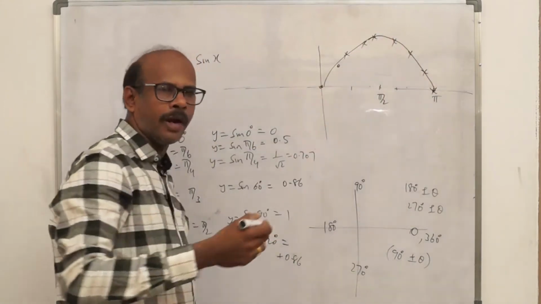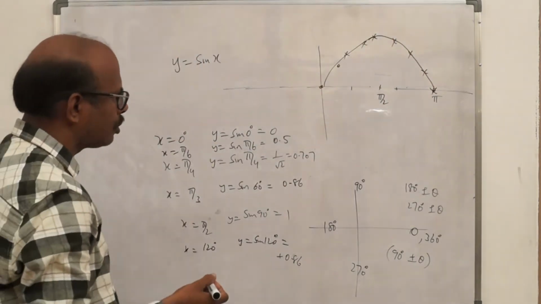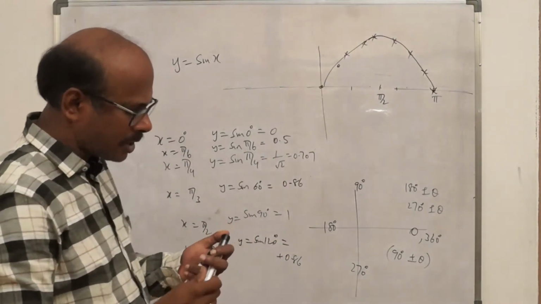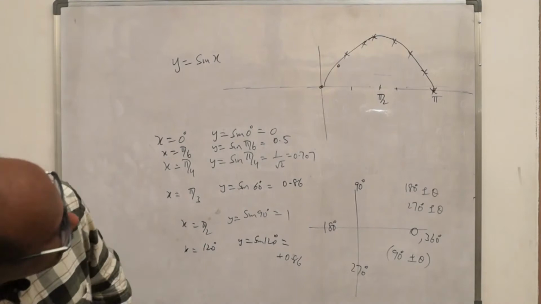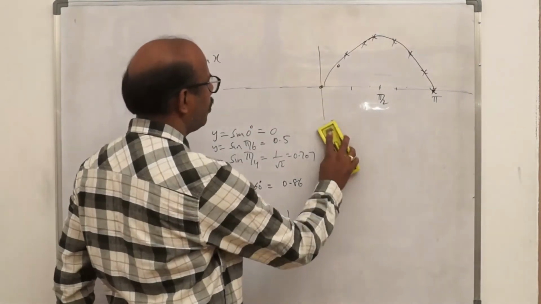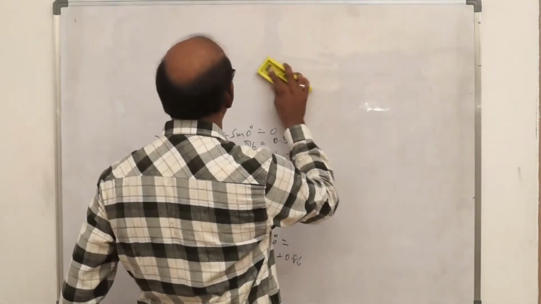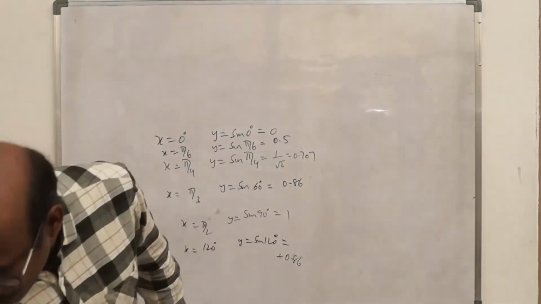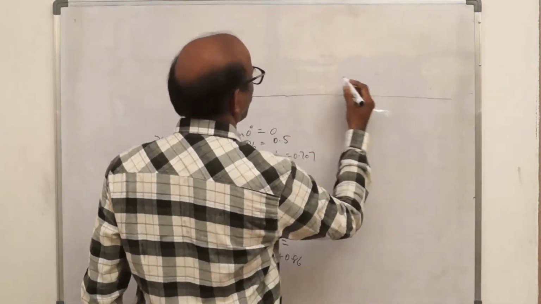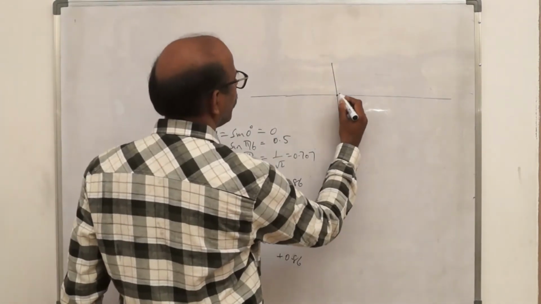If I join all points, we get the shape of the sin x curve between 0 to pi. Suppose I draw a simple smooth curve, not only between 0 to pi, it repeats the shape like this. If you draw the construction, it will be a simple graph.